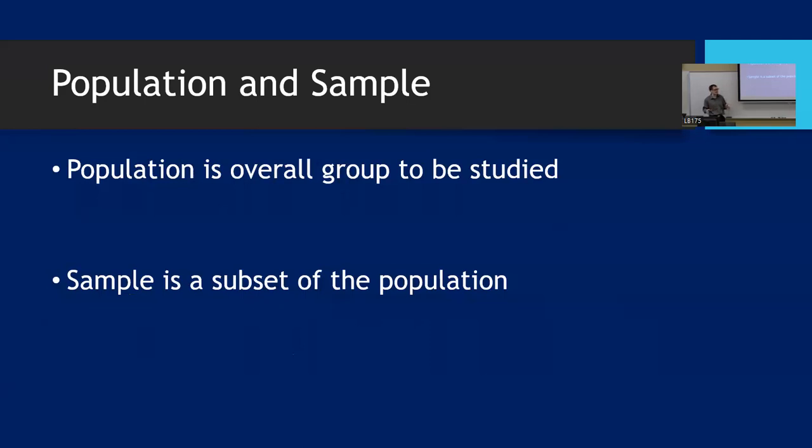Does that make sense? So you use the sample to study a larger group, and that larger group that you're attempting to study is the population. So studied doesn't mean the same thing as being experimented on. A lot of times the experiment happens on a sample of the population, and you use that to study the bigger group.